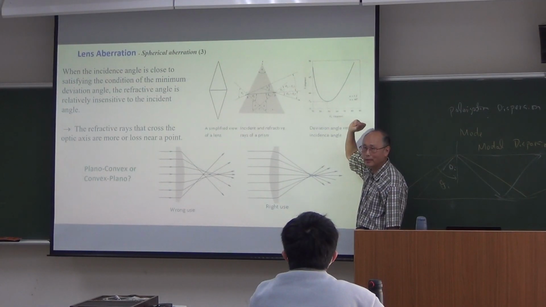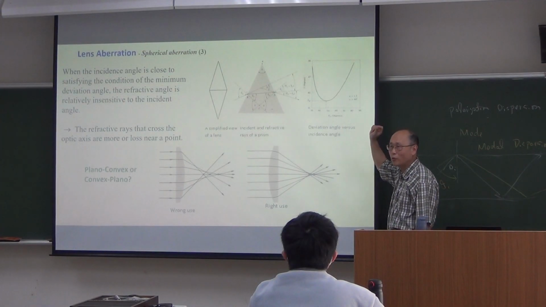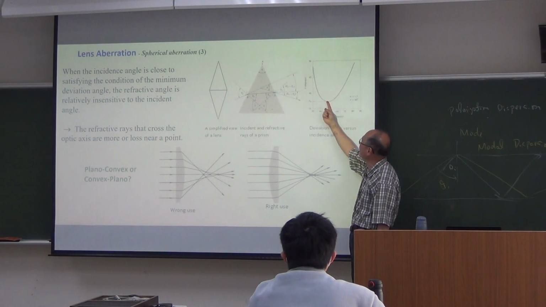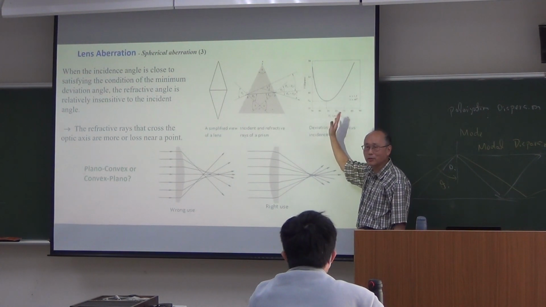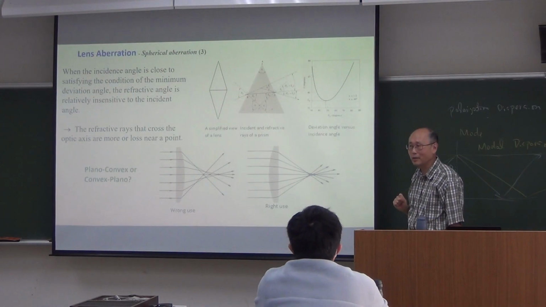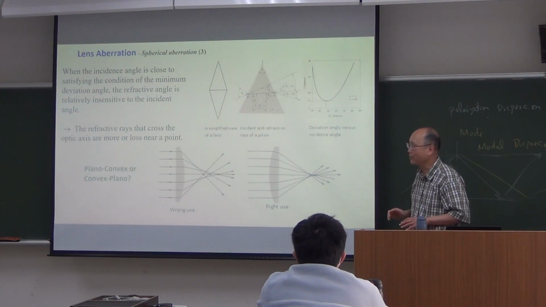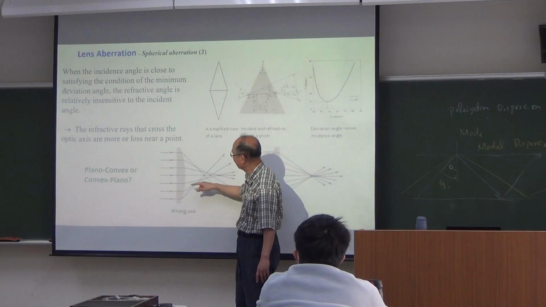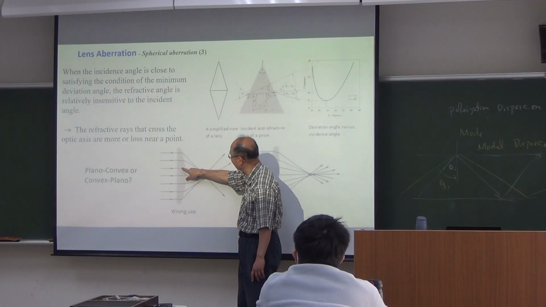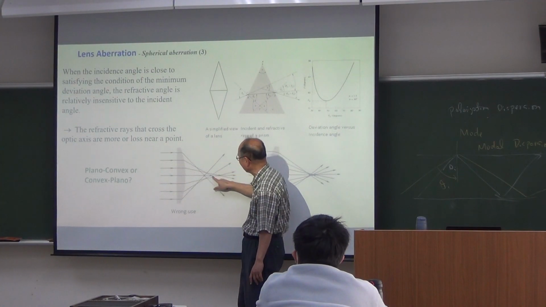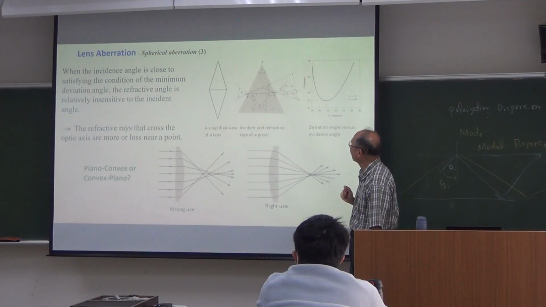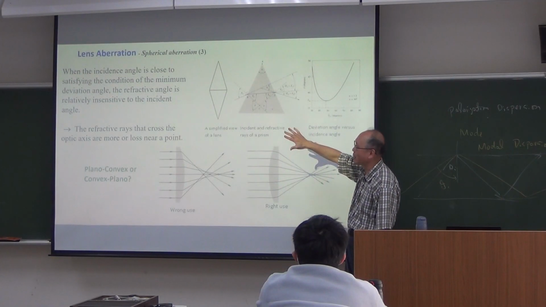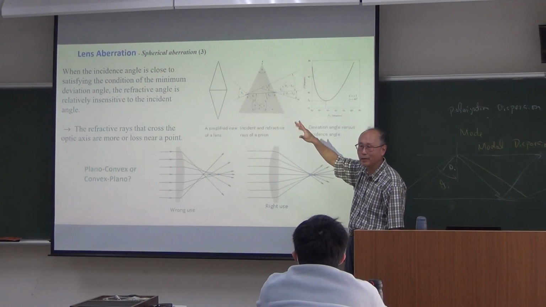So this means that for whatever chromatic aberration or spherical aberration, if you operate near this point, it's not so sensitive to the entrance angle of the light. For this off-axis light, you have a large angle. For this paraxial light, you have a smaller angle. So if you work at this point, the output is not going to be very sensitive to the input angle.